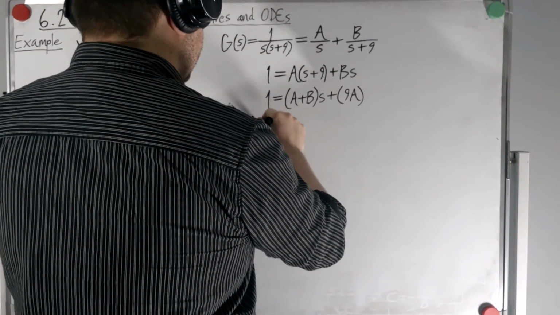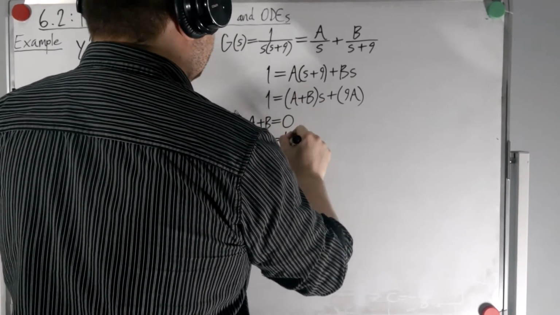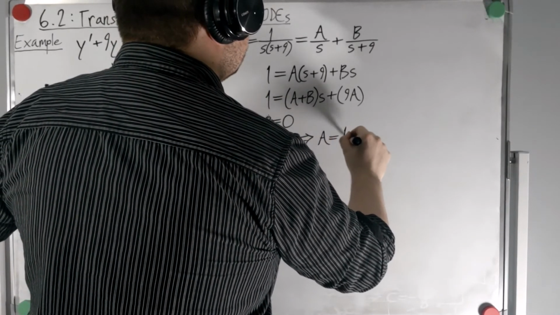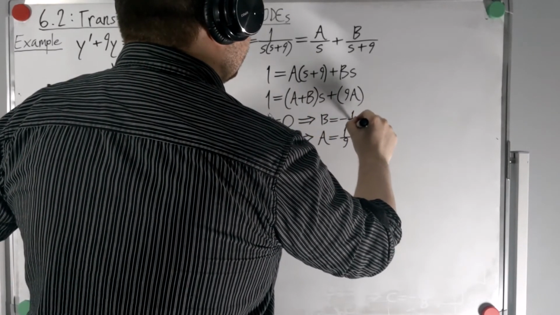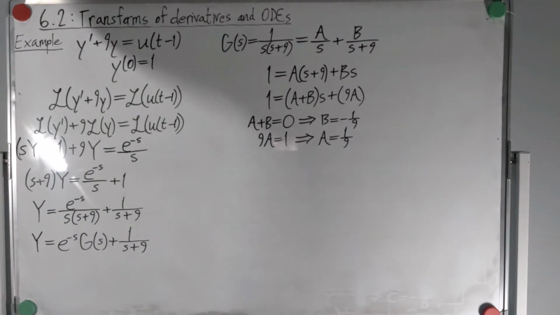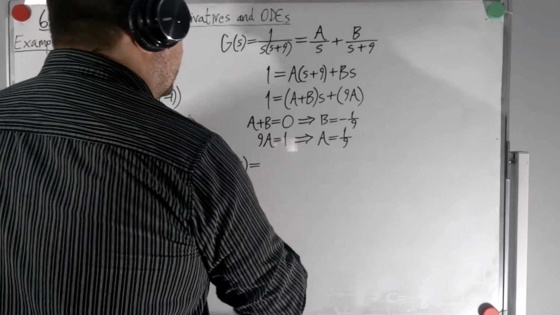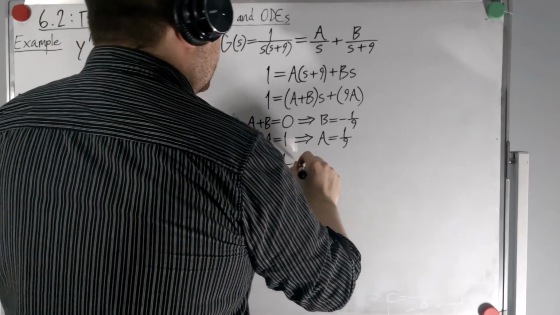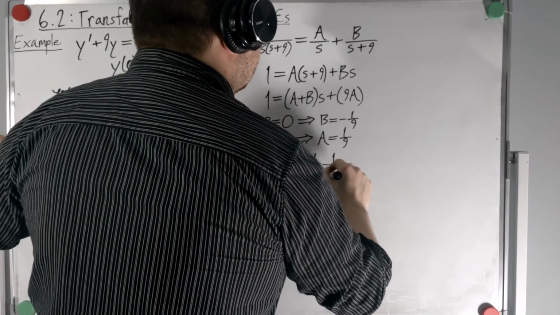Therefore, A + B = 0 and 9A = 1. We deduce that A is 1/9 and B is −1/9. So therefore G(s) is 1/9 times 1/s minus 1/9 times 1/(s + 9).